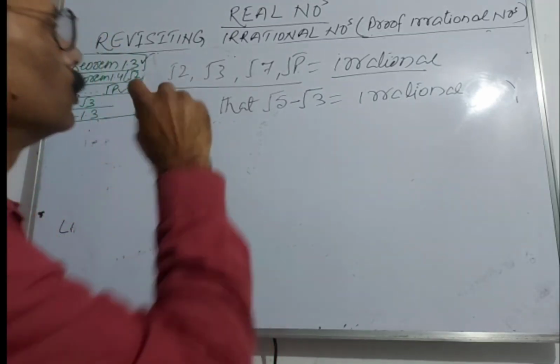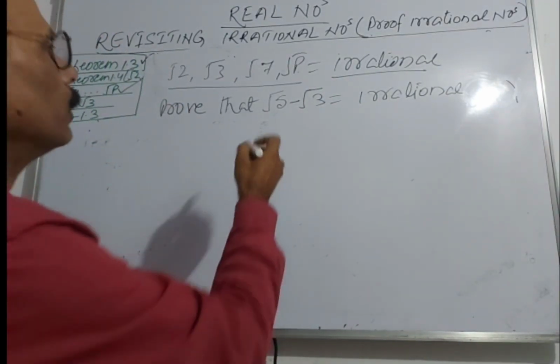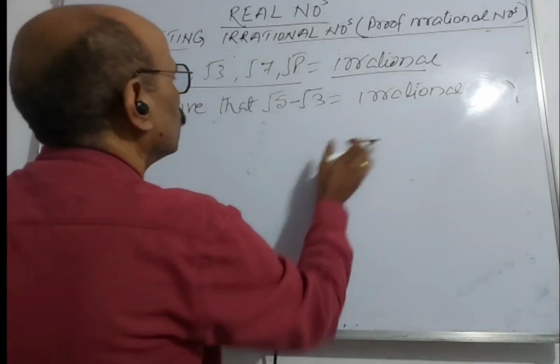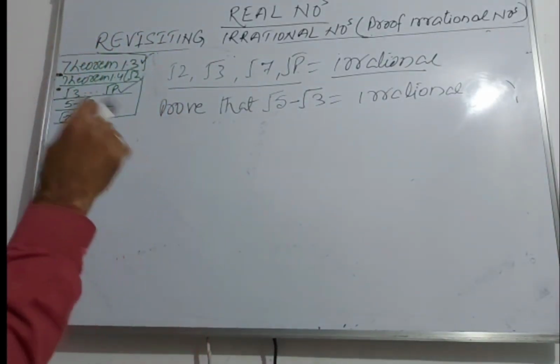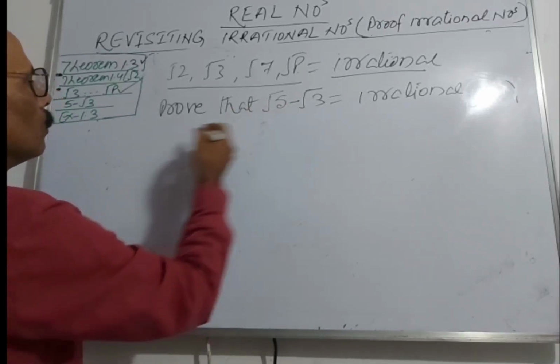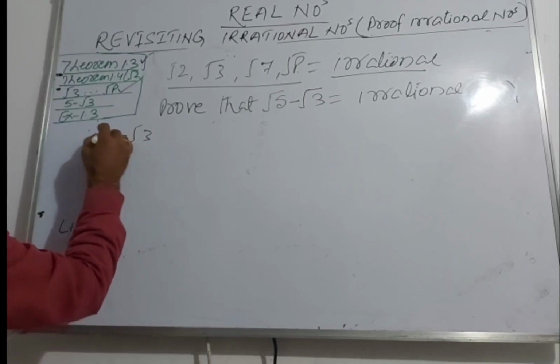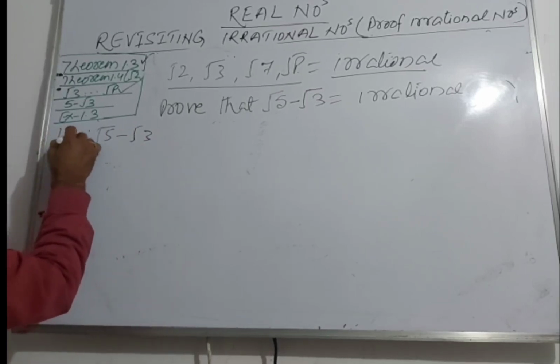Suppose root 5 minus root 3 is irrational. Prove that. If we have to prove this only, then we have to do it a little differently.